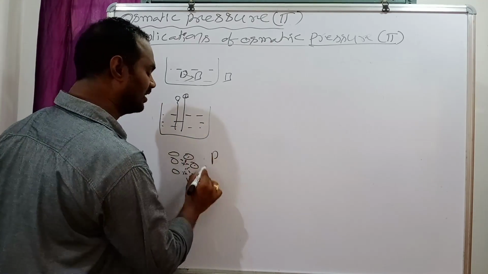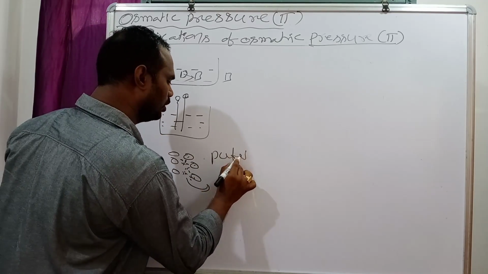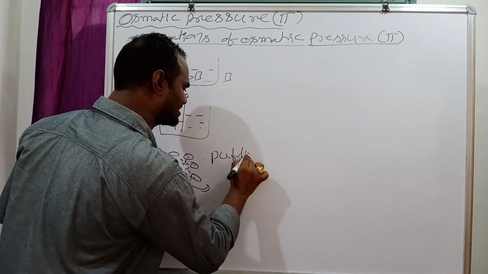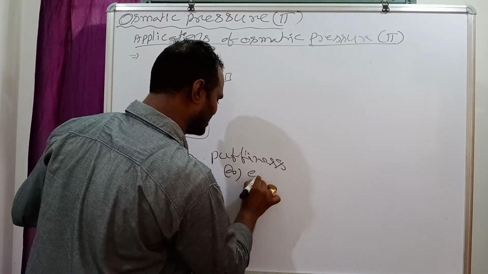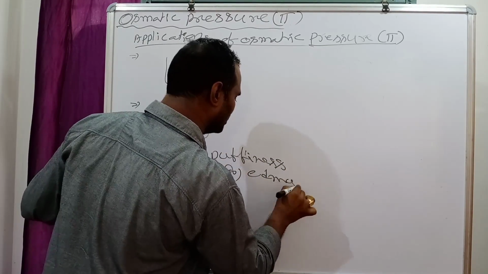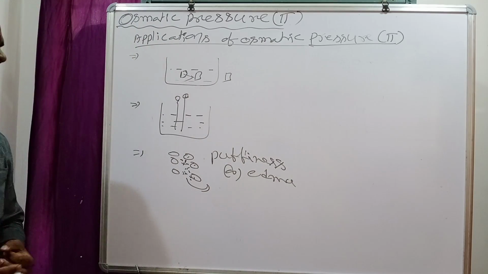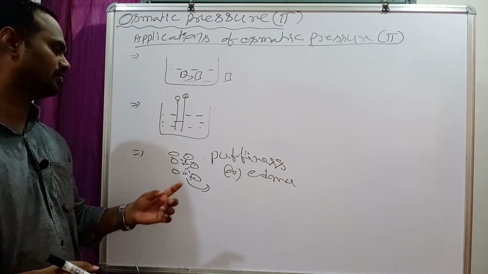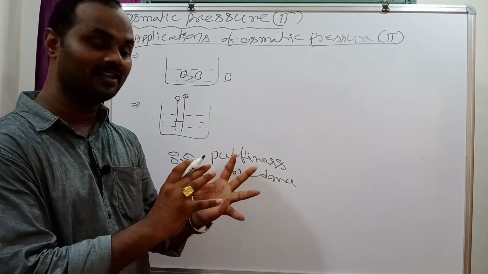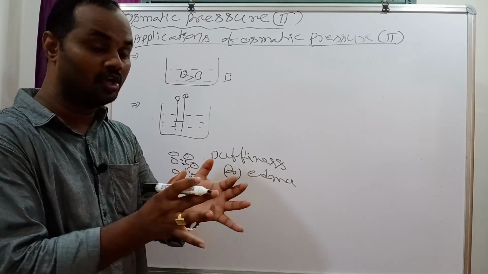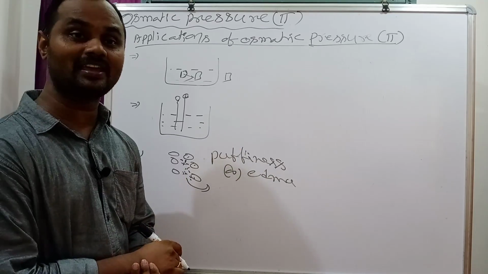This problem is called puffiness, or this disease is also called edema. Swelling of intercellular tissues is what we call puffiness or edema. Due to that, swelling happens in limbs or legs.